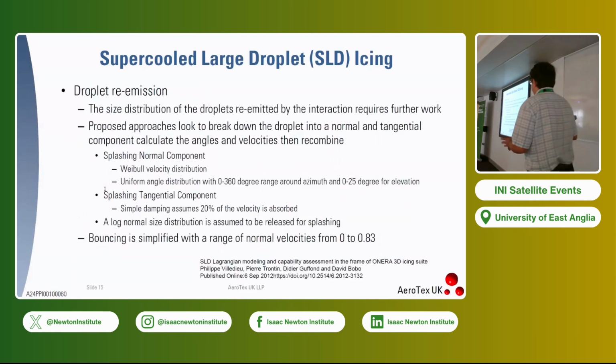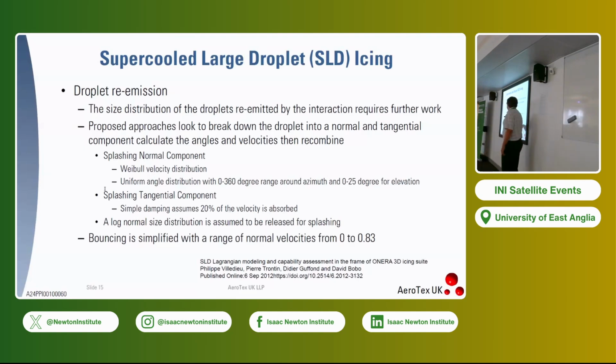So once these large droplets have hit, they've splashed or bounced, you can then get droplet re-emission. So this is droplets going back out into the flow after they've hit a water film or something. I won't go into a lot of detail on this because this is still emerging work at the moment. There's lots of proposed approaches, but they're looking at, for instance, breaking down the normal velocity into a normal and a tangential component.